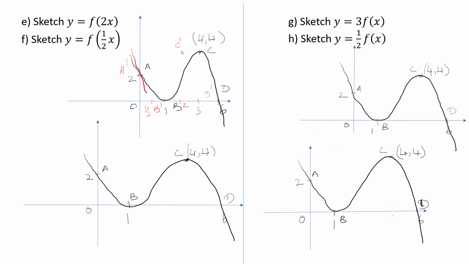The graph comes like this. Red line is y equals f(2x). Black one is y equals f(x).